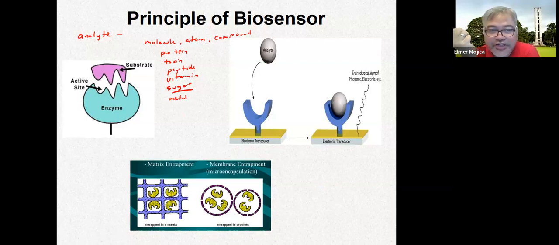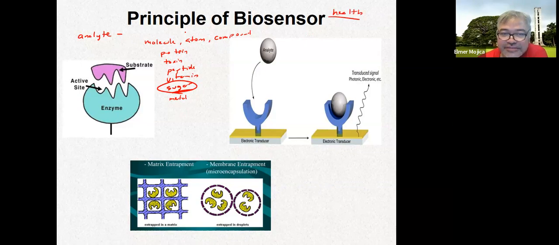Now, if you want it to be successful, you're going to look for an analyte that has importance. Sugar. Ano ang importance, why do we need to know the sugar level? Usually, health. How many Filipinos are diabetic?